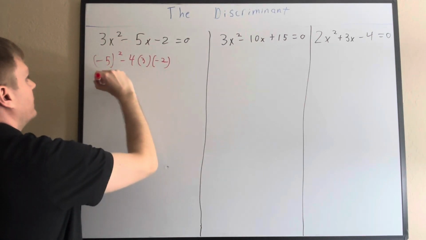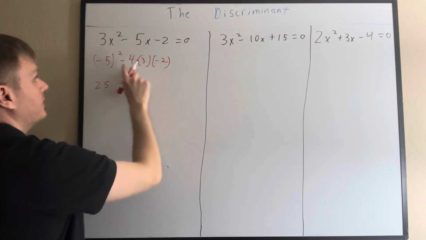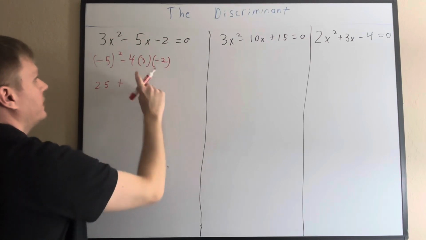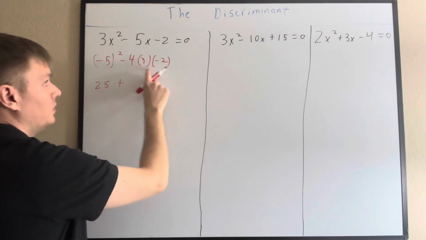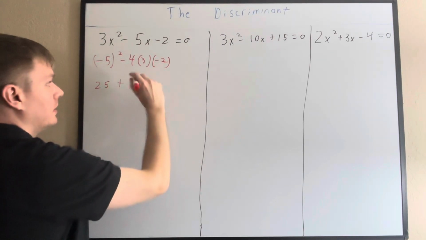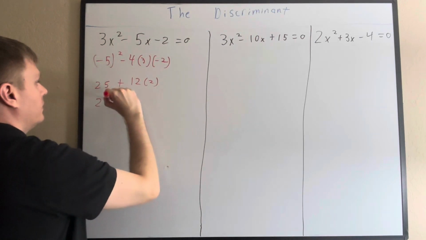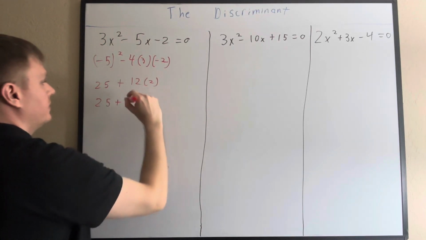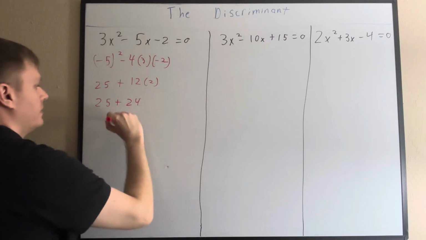So we get 25 plus, because it's negative times a negative, right? So it's going to be plus 4 times 3, 12, 12 times 2, 24. 25 plus 24 would be 49.